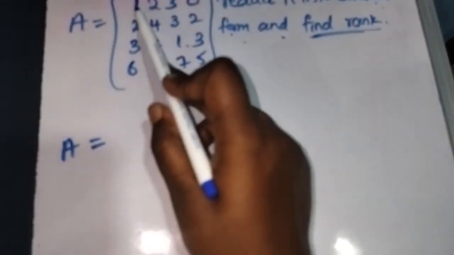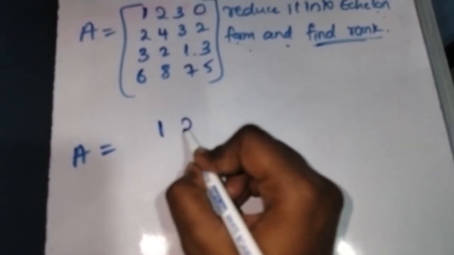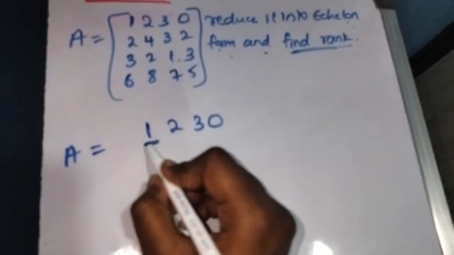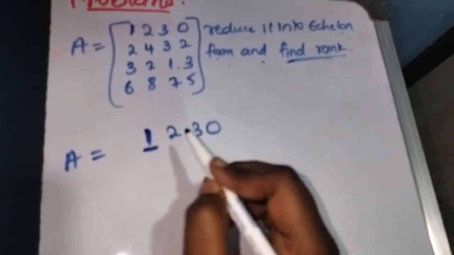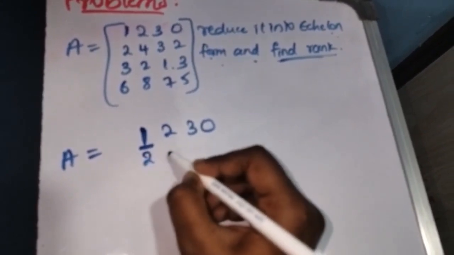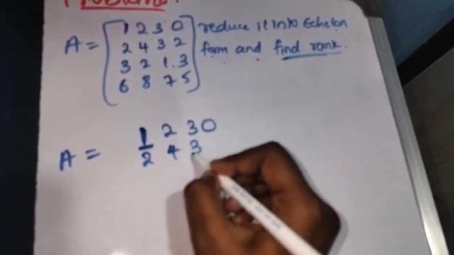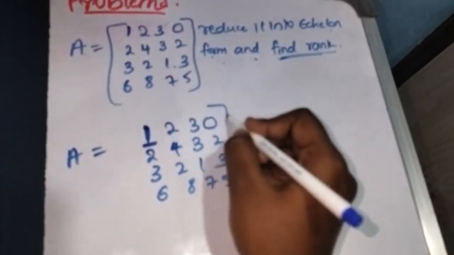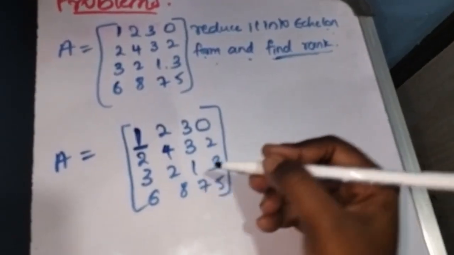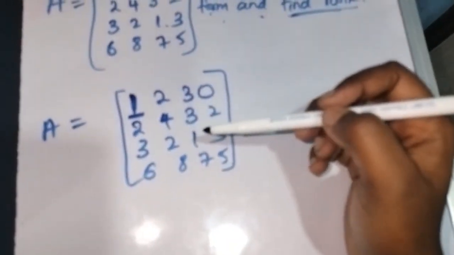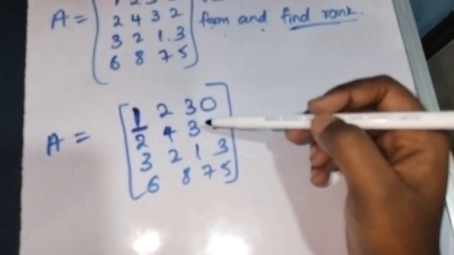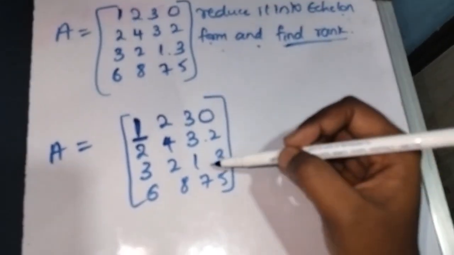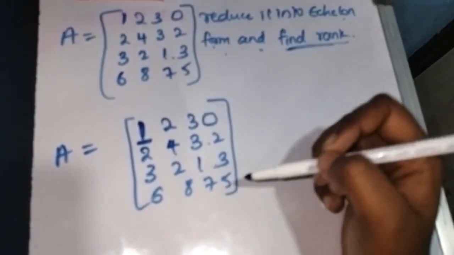Now A is equal to the matrix. I feel this first row obeys the echelon format, because its first non-zero element is 1. The rows are 3 2 3 2 1 3 6 8 7 5. This cannot be interchanged, but it can be reduced. R2 can be reduced, R3 also can be reduced, R4 also can be reduced.